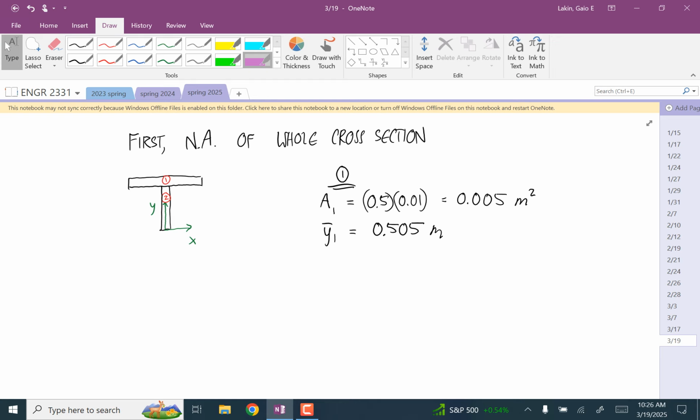Okay, so now we're going to do shape 2. And that one's easy. It's just 0.25. The area is, these are the same.